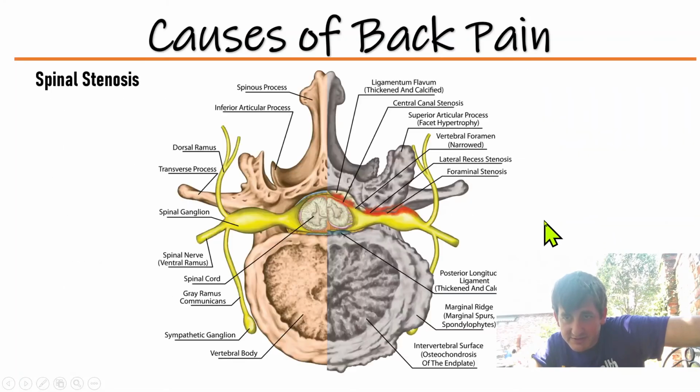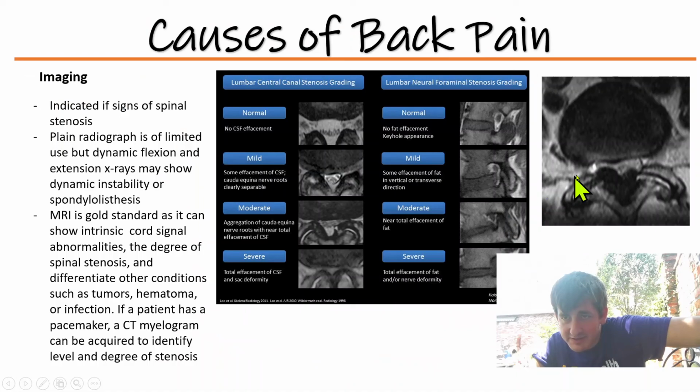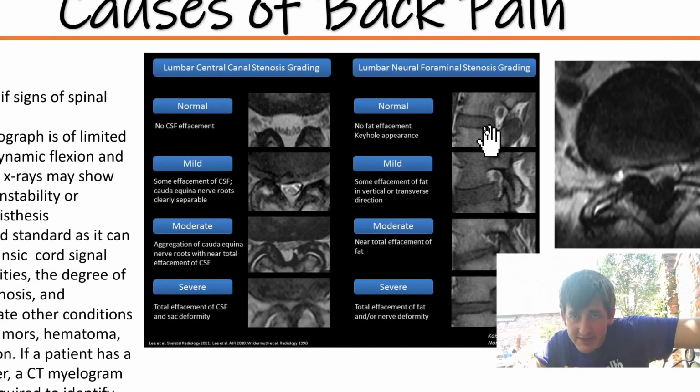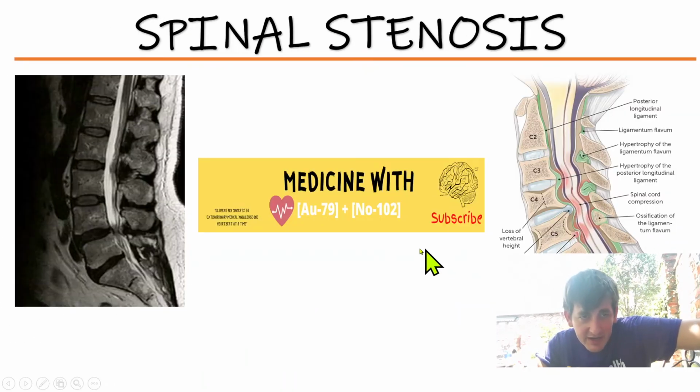No, I think it's central. Yeah, it should be central canal stenosis. And here we see no effacement, a nice open canal. Then some effacement, then near total effacement of fat. So that's how we look at that on MRI.